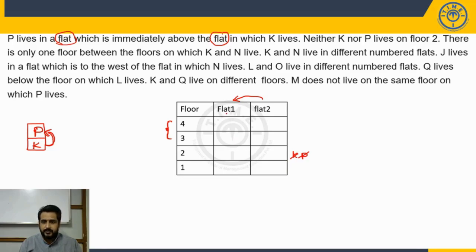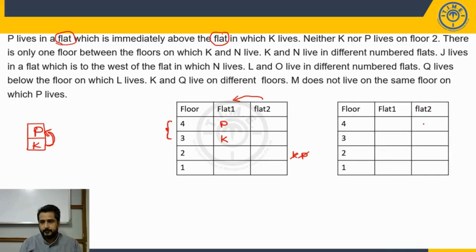But it could be flat 1 or it could be flat 2. Let us take the 2 possibilities. Let's take P here, K here.